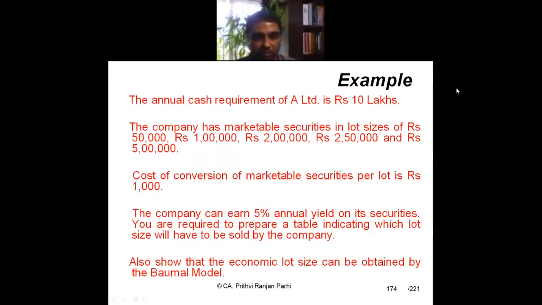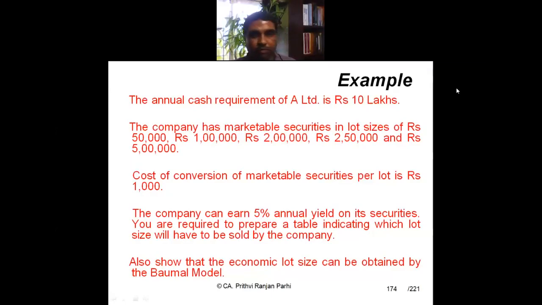The annual cash requirement of the company is 10 lakh. The company has marketable lot sizes of rupees 50,000, rupees 1 lakh, rupees 2 lakh, rupees 2 lakh 50,000 and rupees 5 lakh. Cost of conversion of marketable security per lot is rupees 1,000.